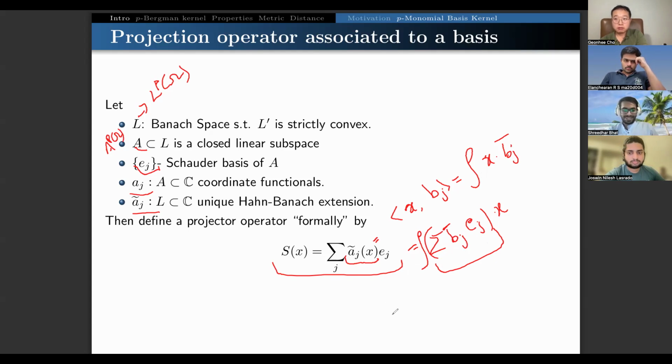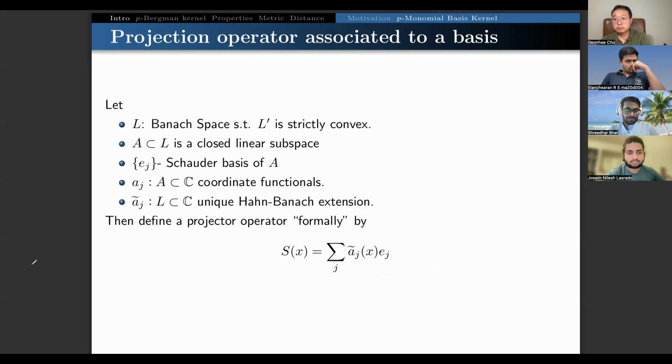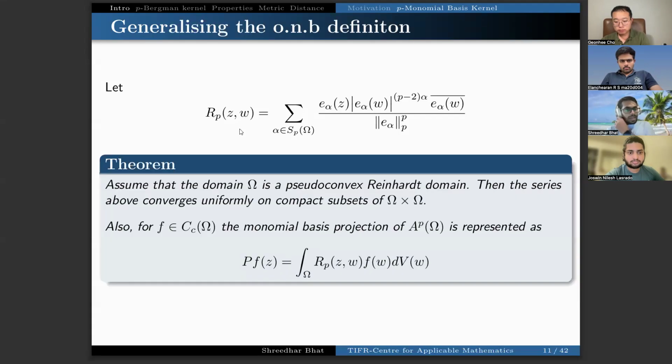This is what they call, actually, Dr. Debraj and Lucado. And the result is that if you compute what those bj should be and do this calculation, it turns out that this RP of ZW will be this function.